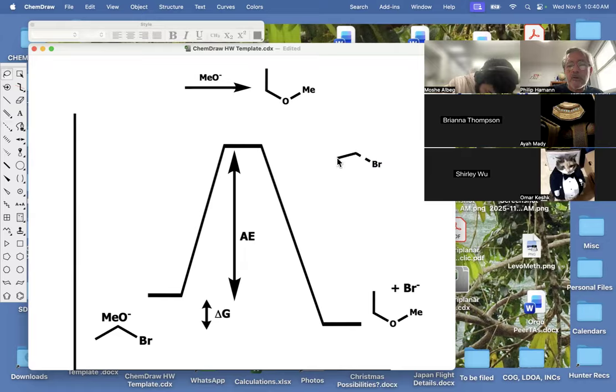Let me draw it compatible. I shrunk this down at one point.